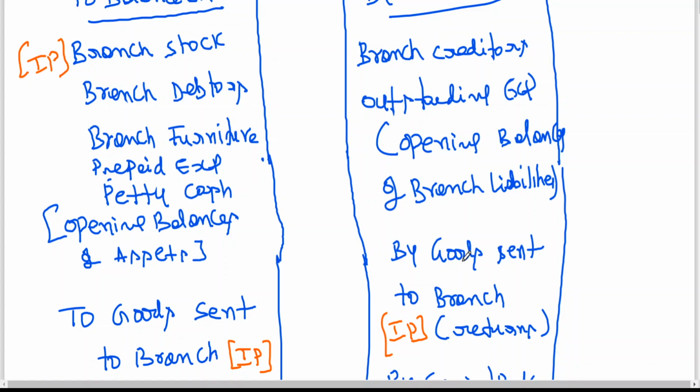Then finally, 13th one. To record profit or loss.